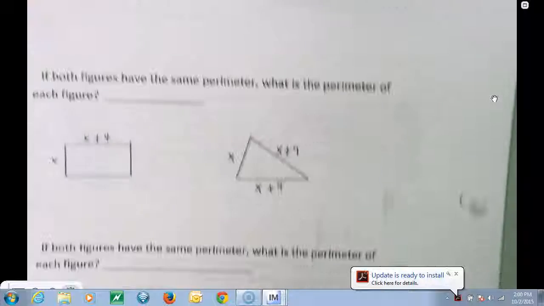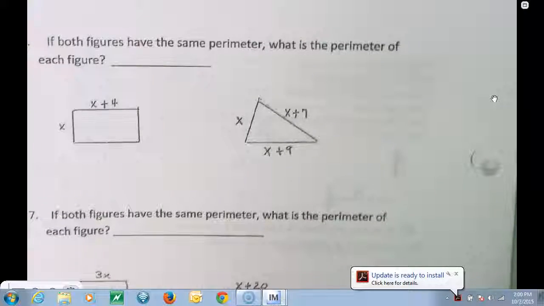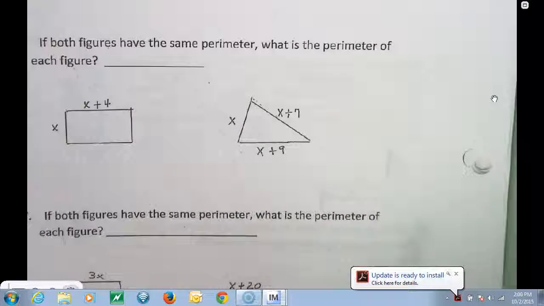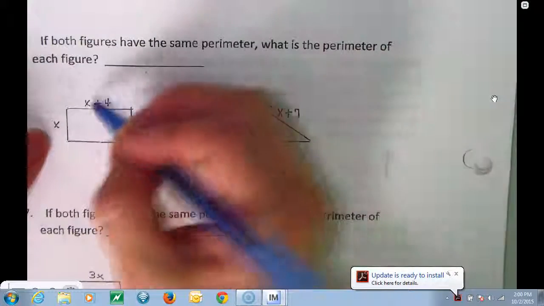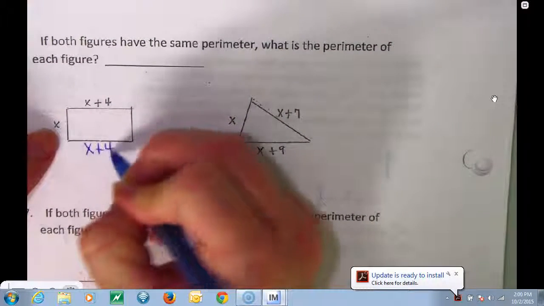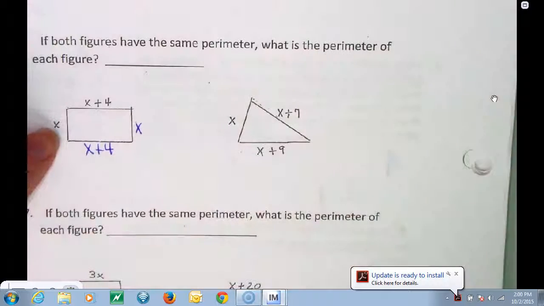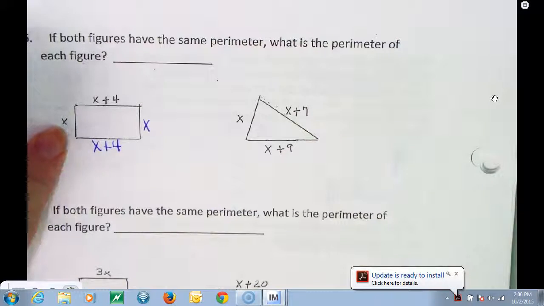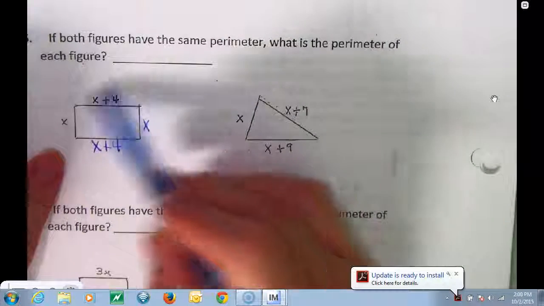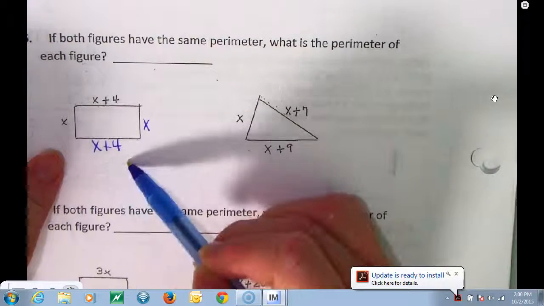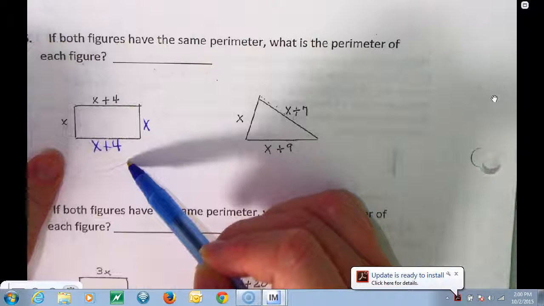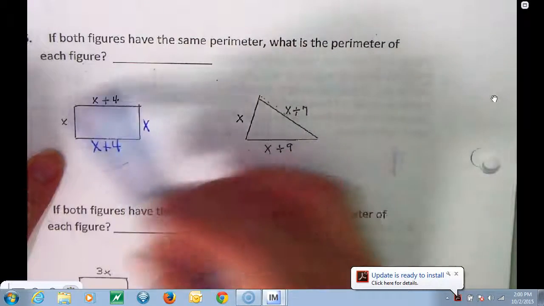Number 6. Both figures have the same perimeter. What is the perimeter of each figure? Okay, this is going to be x plus 4. This is a rectangle, and this is x. Opposite sides are congruent. So how do I get the perimeter of this rectangle? Please don't say length times width. That's area. How do you get perimeter of a rectangle?